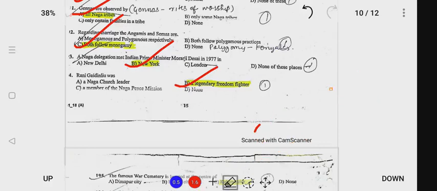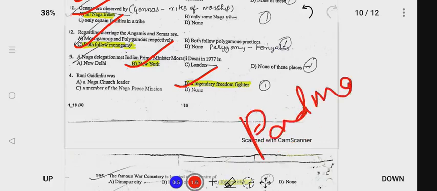A Naga delegation met Indian Prime Minister Morarji Desai in New York in 1977. Next, Rani Gaidinliu was a famous freedom fighter, and she was a part of the Heraka movement, and she was awarded the Padma Bhushan.